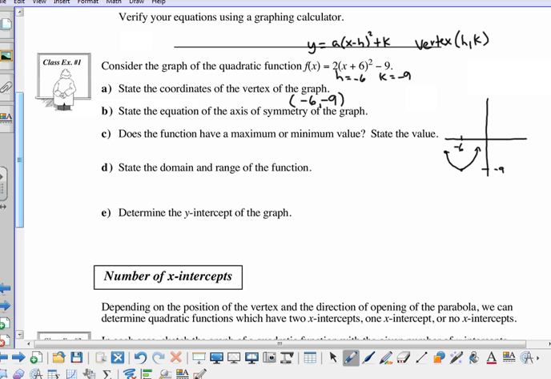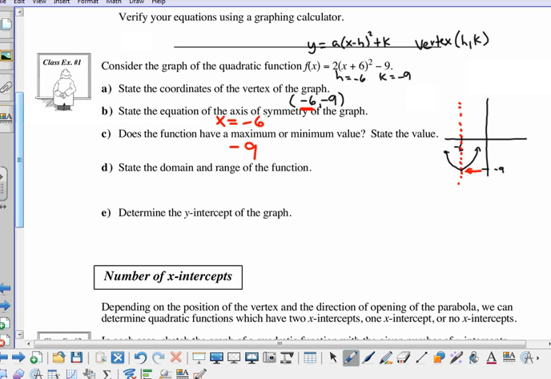It's opening up. So what's the axis of symmetry? X equals negative 6. A vertical line is always x equals. So we just get it from the x coordinate. What's the minimum value? Which one of those will give you the minimum? Looking at the graph, negative 9. The y value gives you your minimum. The x gives you your axis of symmetry.